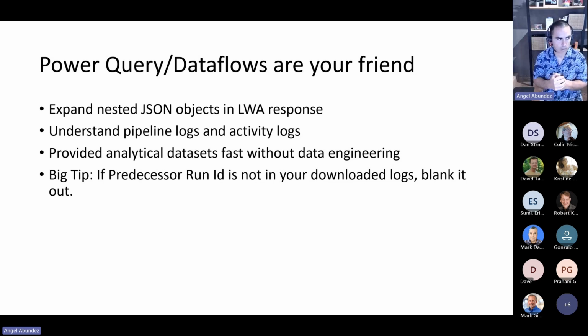If you're feeding parameters in your ADF pipelines, that's nested JSON. If you expand the nested JSON objects in your Power Query or dataflows, they automatically become columns for all of the data you're pulling from Log Analytics Workspace.